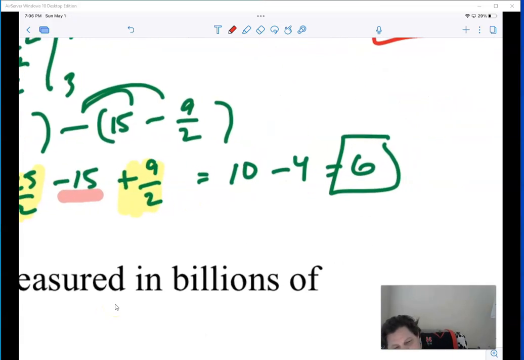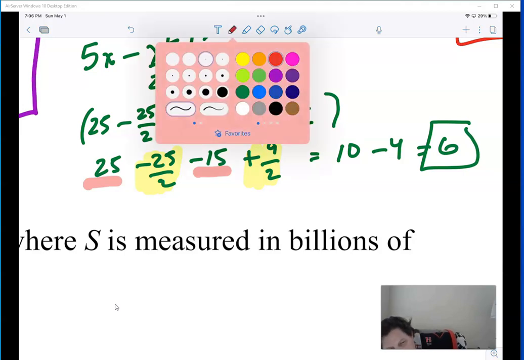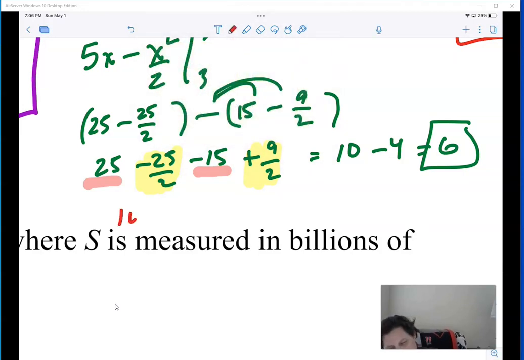For heck's sake, guys. A tiniest correction here. 25 minus 15 is 10, but 25 minus 9, I'm literally going to have to do this. 10, 11, 12, 13, 16, which is 10 minus 8, which is 2, for goodness sakes.